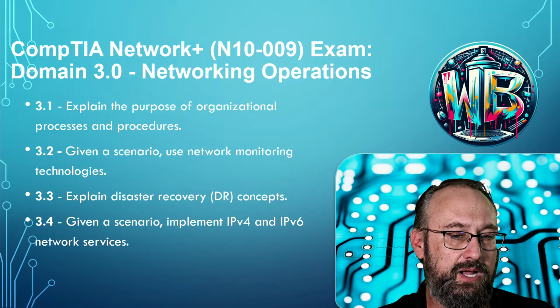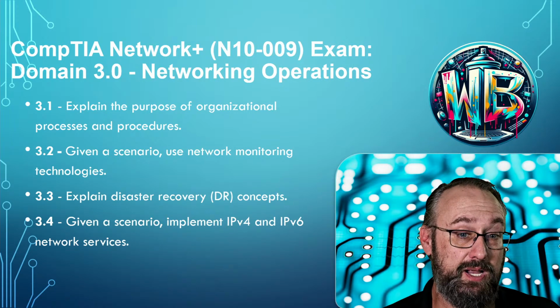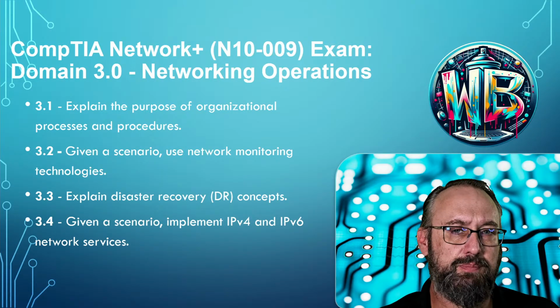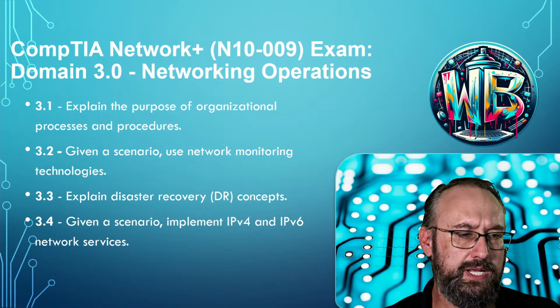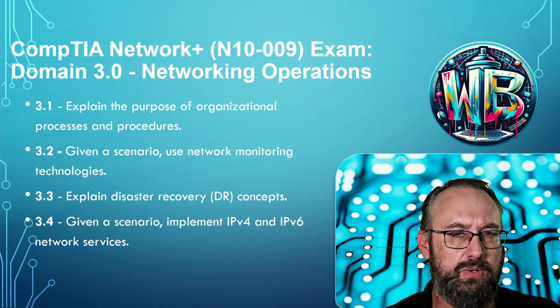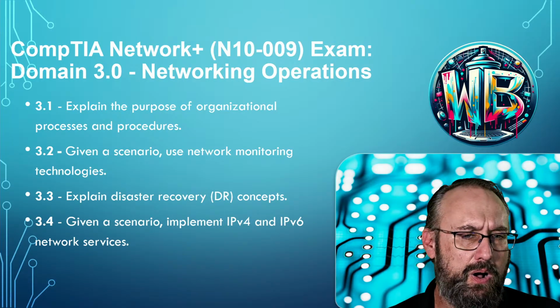We are at 3.4. When we look at Objective 3.4, this is where we have to actually implement IPv4 and IPv6. Implement, keep in mind. So now we have to actually apply some of the information that we are learning. Dynamic addressing: do you know what DHCP is, and do you know some of the components of a DHCP scope? What a scope is, what reservations are, lease time options, all kinds of things like that.